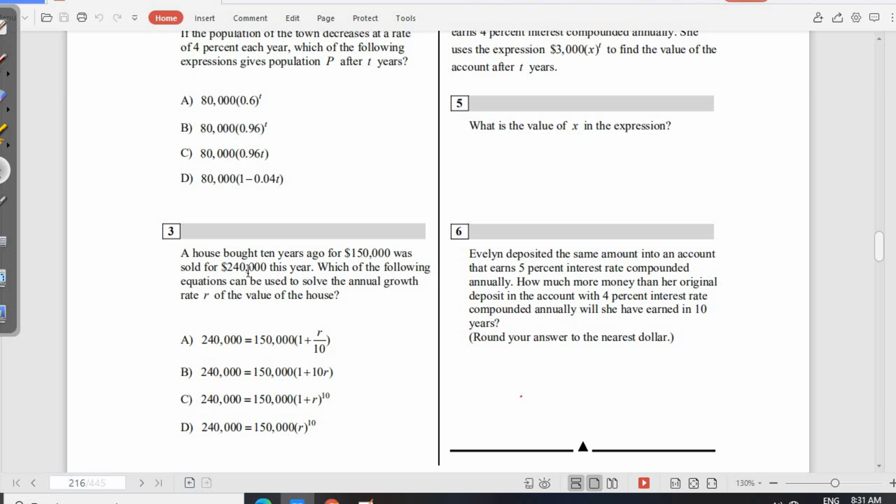So 10 years ago, that was 10, and now remember, 240,000 equals 150,000 times 1 plus r. What we mentioned, since it's growing, is plus the percentage growth rate, and then raised to the power of the number of years. Since the number of years is t, that's 10, you can easily get the growth rate then. Alright, so C is the answer there.